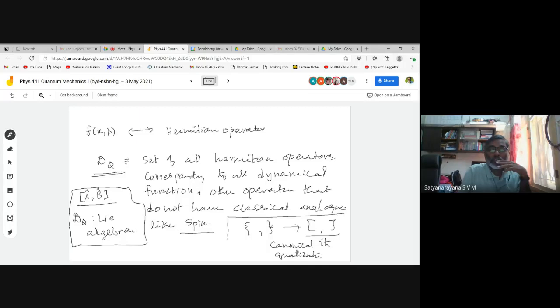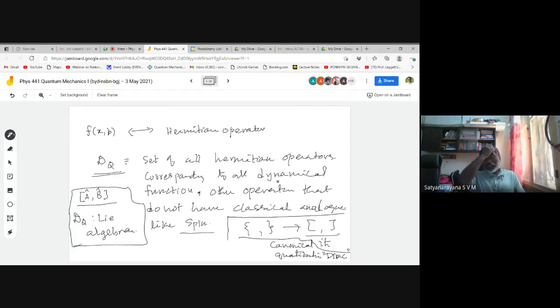So you have a classical system, you want to quantize that system. This is one way of quantizing the system. Replace all your Poisson brackets by commutators. Okay. So this is how you have classical correspondence.